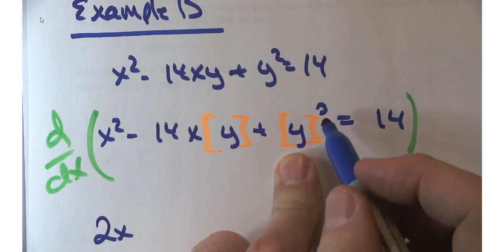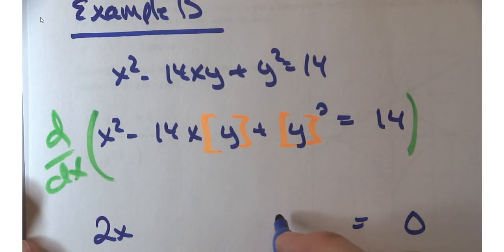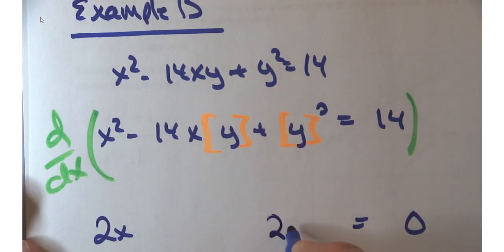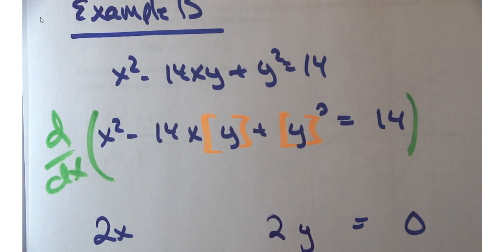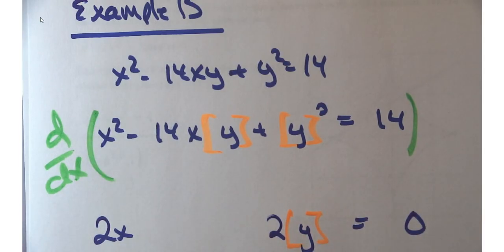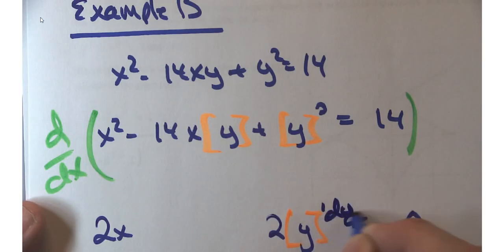Derivative of y squared. 2y, so that's going to be derivative of the outside, 2 times y. So there's your derivative of the outside, times the derivative of the inside. What's the derivative of the inside? dy by dx.